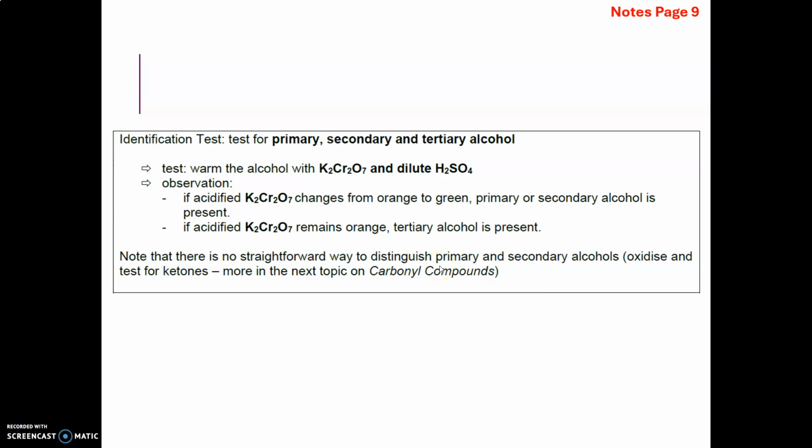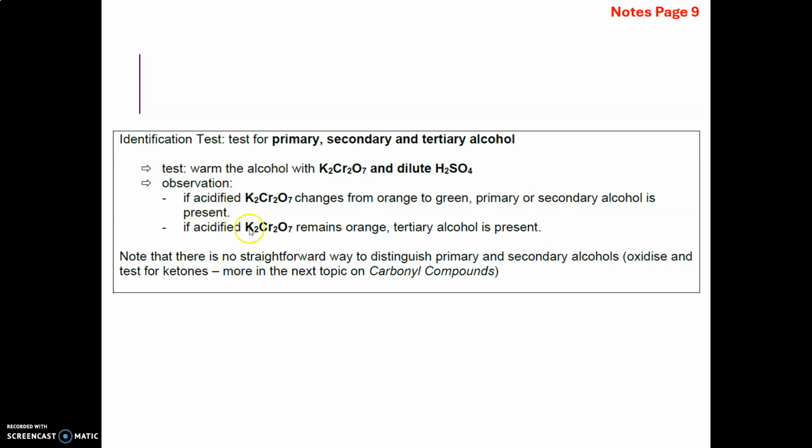Finally, this oxidation reaction of alcohols can be used to distinguish between the various classes of alcohols. So we will warm the alcohol with a mixture of aqueous K2Cr2O7 with dilute H2SO4, and we will look for a color change from orange to green. If the acidified K2Cr2O7 changes from orange to green, then we will conclude that the alcohol is either primary or secondary.